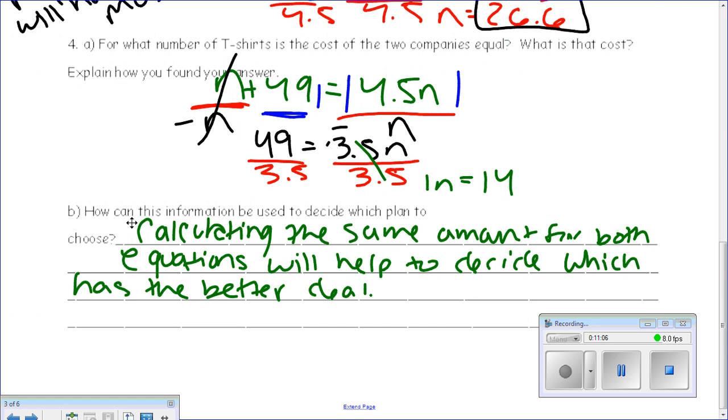Because in three, we can get way more shirts for the price of 120 than No Shrink can. So we're going to go off of that.